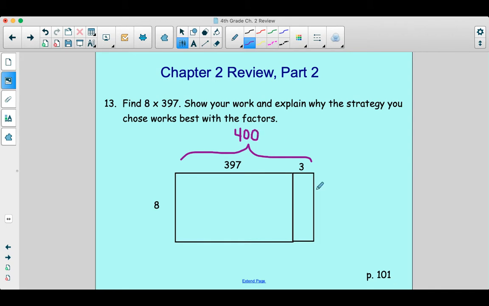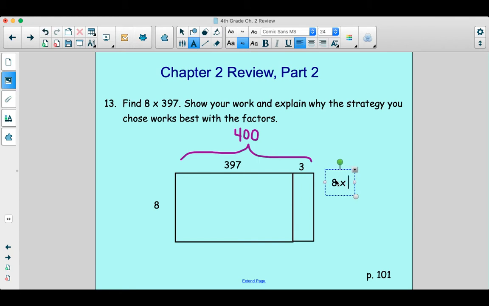Okay, so right now I'm thinking about 8 times 400. And I know 8 times 4 is 32. So 8 times 400 would be 32 hundreds, otherwise known as 3,200.